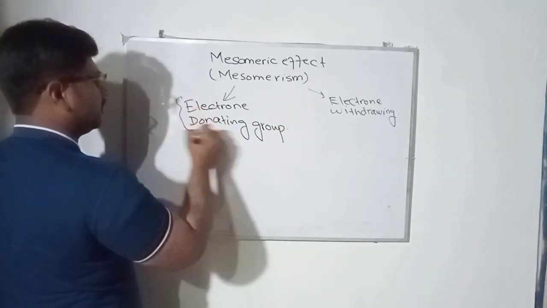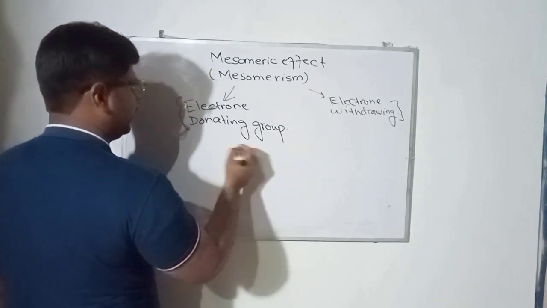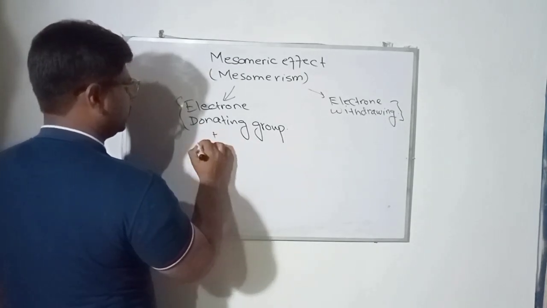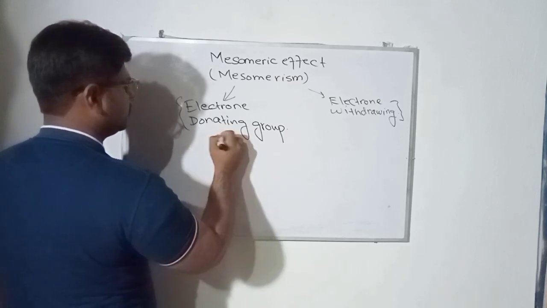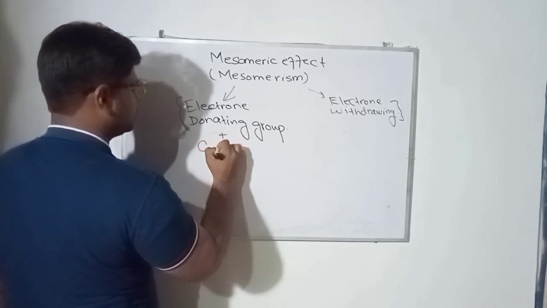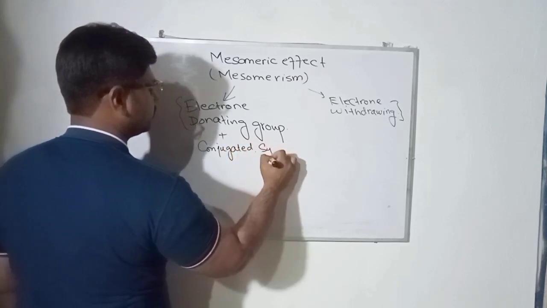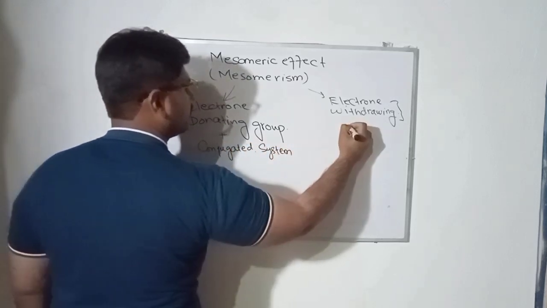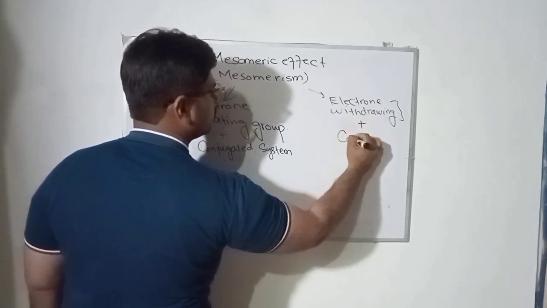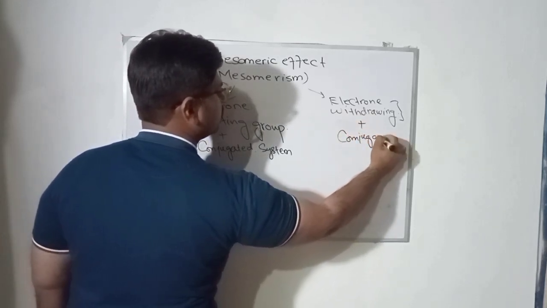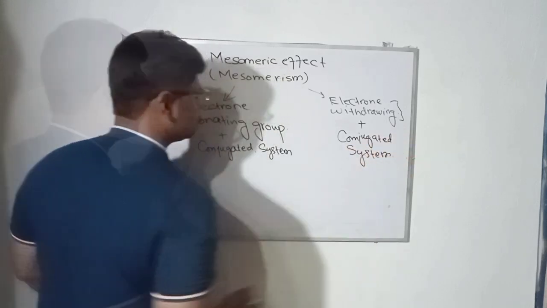Now these are the two kinds of groups that should be attached with a conjugated system.